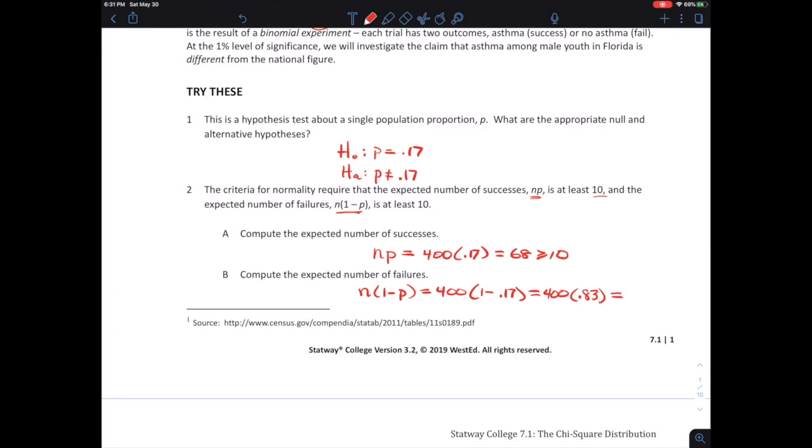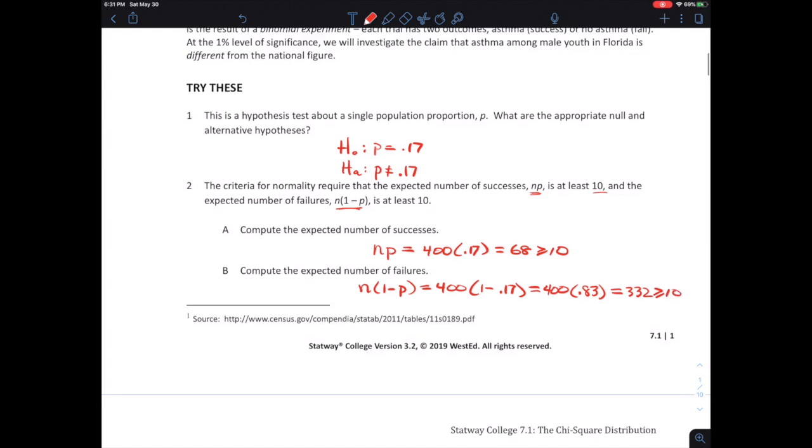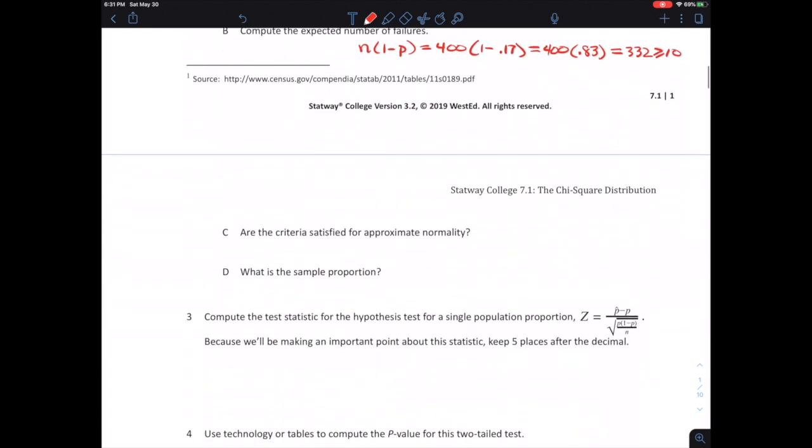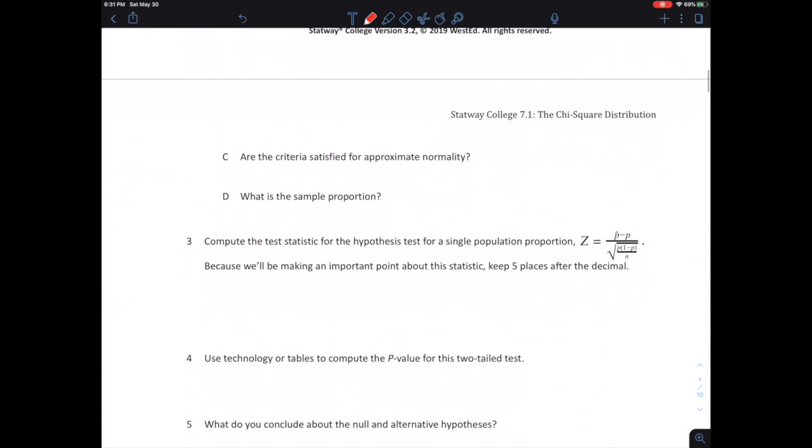Okay, that's 332. And of course, this is also greater than or equal to 10. So we've satisfied both criteria, so the criteria are met. Okay, are they met? Yes.